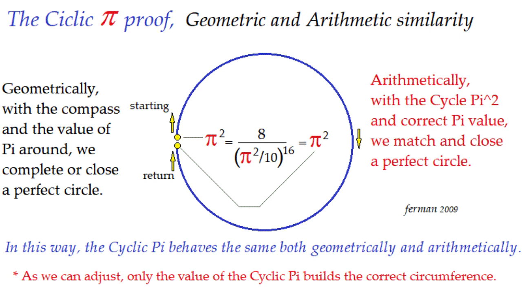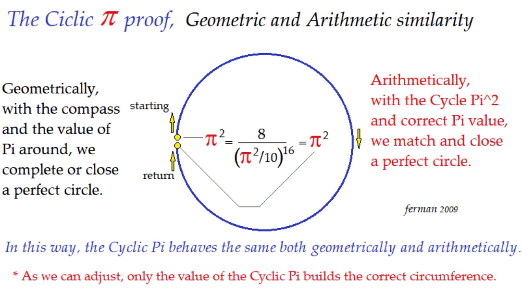Well, the same happens arithmetically with the pi squared cycle formula, which we check: the output and return value of the cycle coincides with the input value, pi squared, and therefore all the elements and parameters, the pi value applied, are correct and suitable for the construction of the perfect circle, pi squared. And as we can see, this value of pi corresponds exactly to the value of cyclic pi.